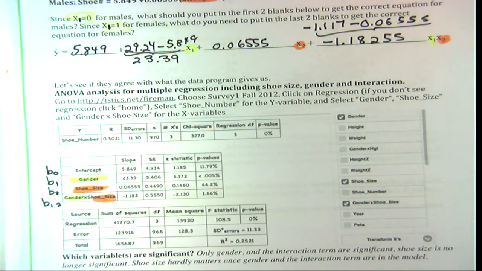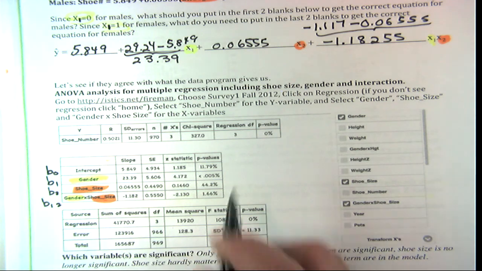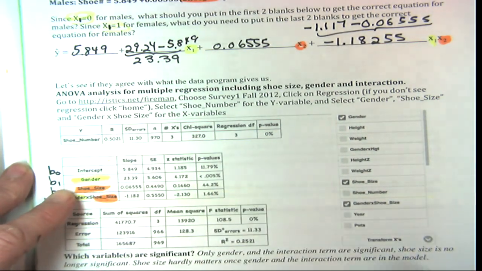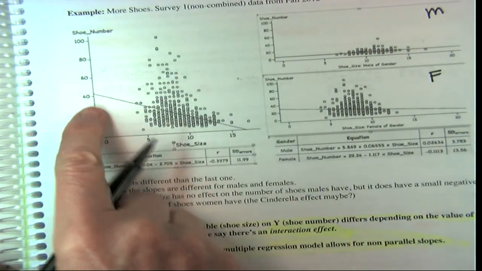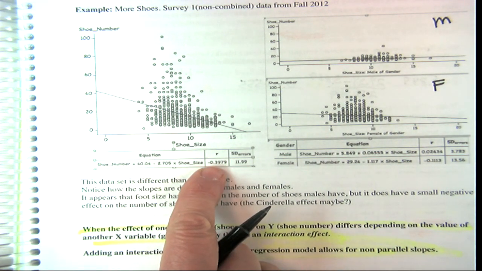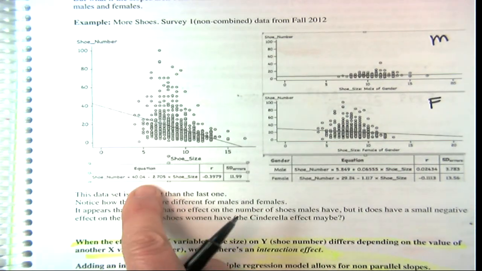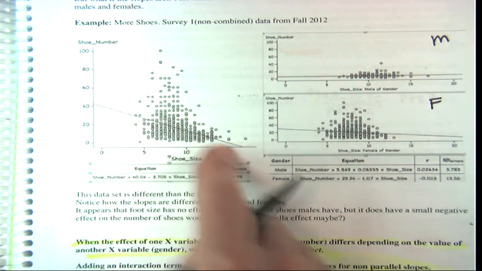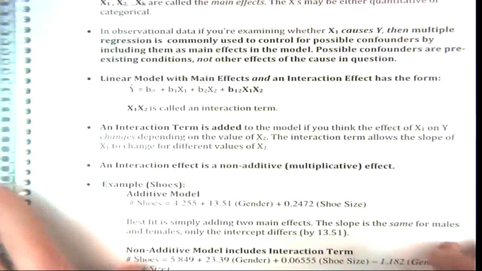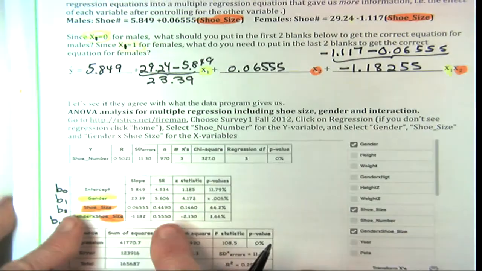Now, which ones are significant? Let's see. This one's not significant at all, shoe size. Even though we had a big, strong effect in the other data set, with r almost negative 0.4 and a slope of negative 2.705, very strong negative. That is not significant.